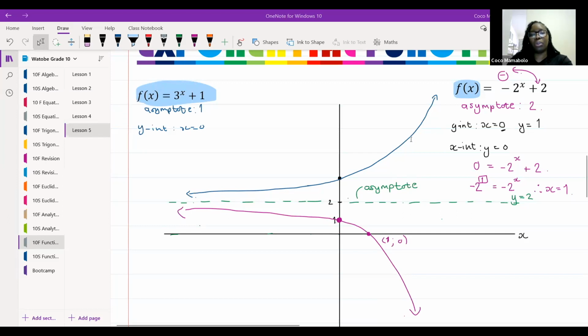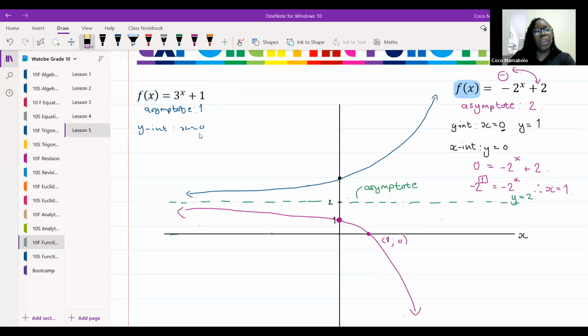Okay, Karabo, what's up? Hi, ma'am. I just wanted to ask you a question: if you are writing a test and they ask you to write an equation, is this how you're going to write the equation so that you can draw the graph?